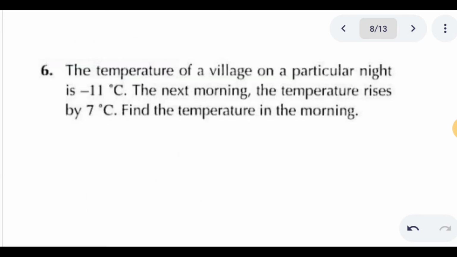In this question, the temperature of a village on a particular night is minus 11 degrees Celsius. The next morning, the temperature rises by 7 degrees. Find the temperature in the morning. So first we will write what the temperature was at night. At night the temperature was minus 11 degrees Celsius. That rises means that we add 7 degrees Celsius.